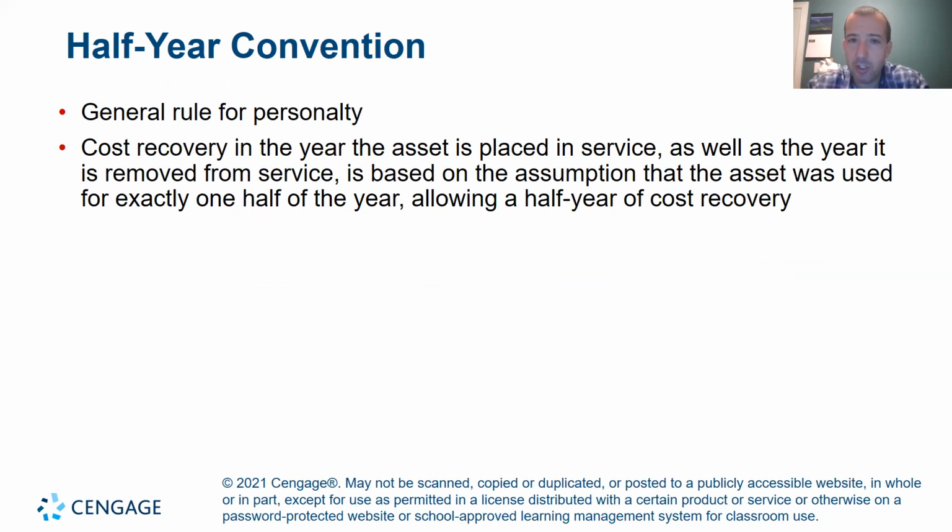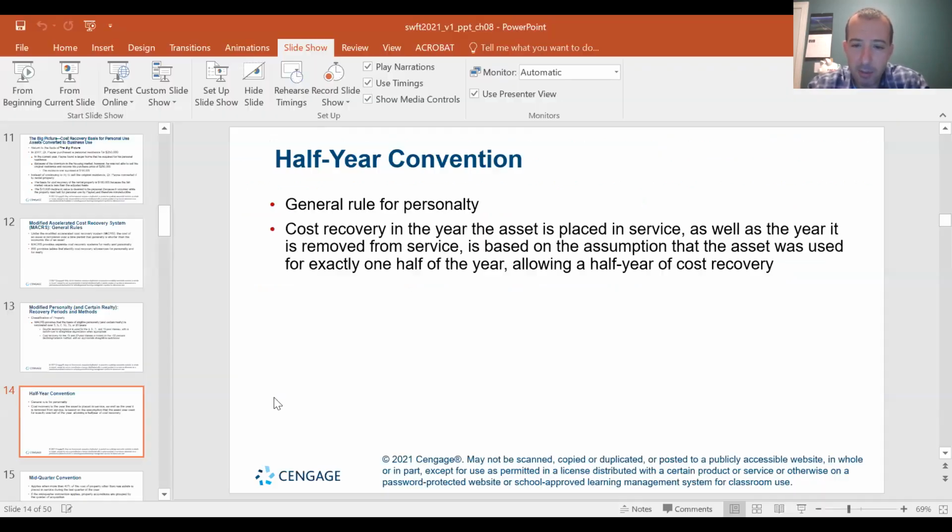So I'm going to stop my share here for a minute, and I'm going to pull up the table. These tables can be found in the text. So let me pull up my Zoom. Let's share the screen.